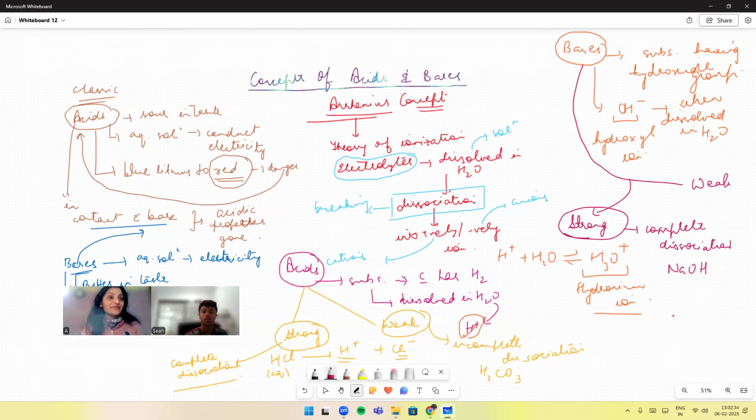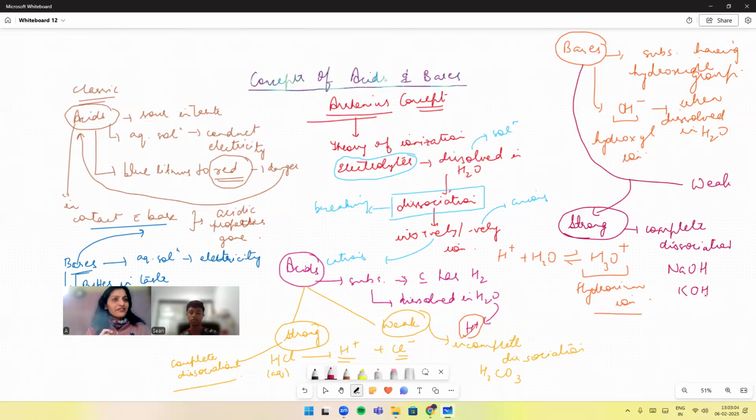So potassium is also a metal, so potassium hydroxide, again a strong base. Now, when we are talking about the weak bases, you are going to tell me whether they show complete dissociation or incomplete dissociation. The weak one, incomplete. That means they'll have ions as well as molecules.